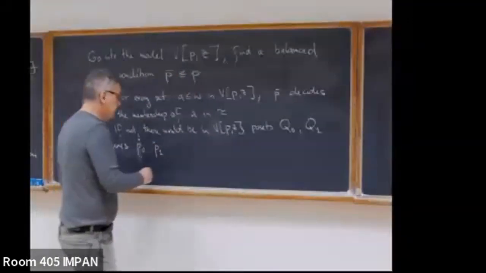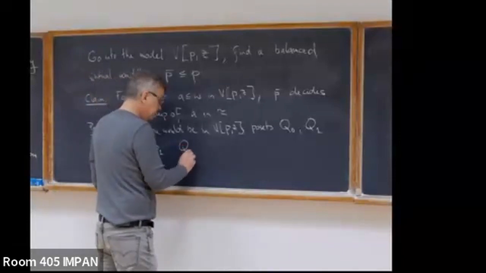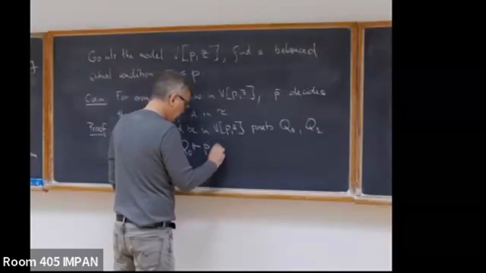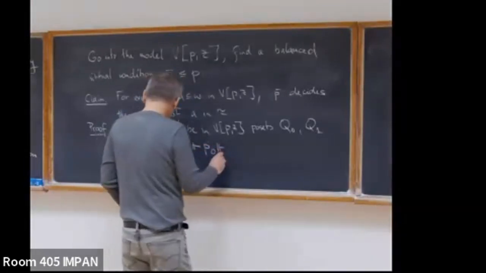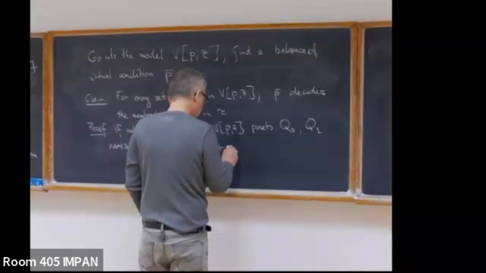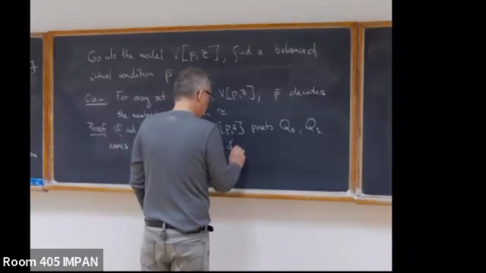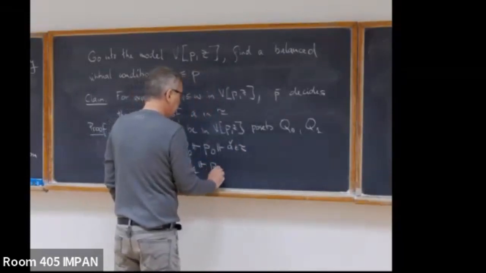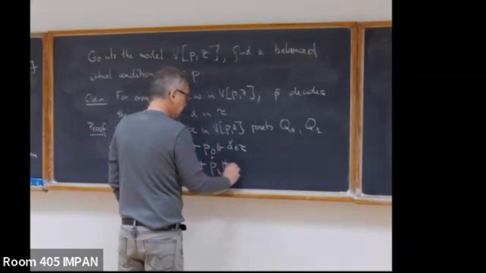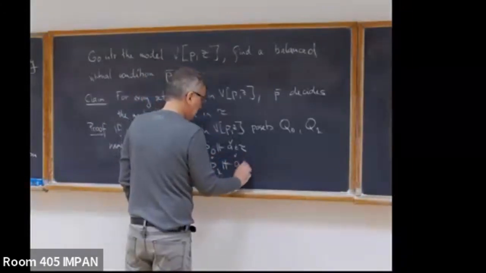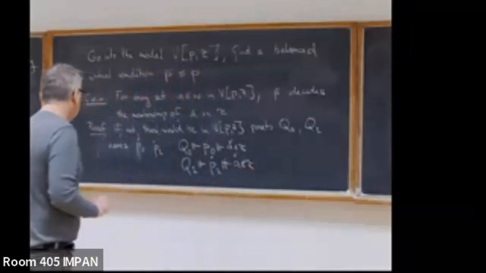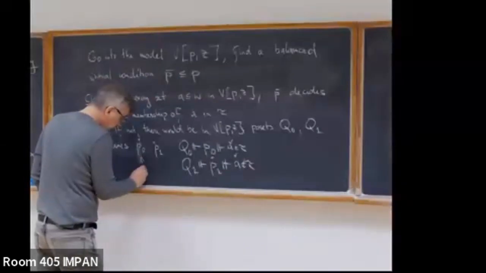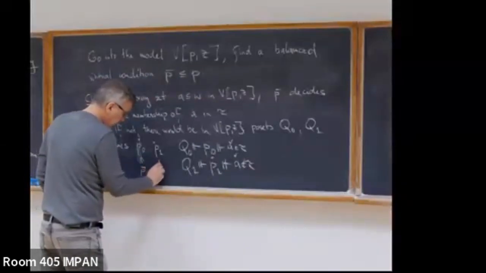such that Q0 forces A in tau, and Q1 would force A not in tau.